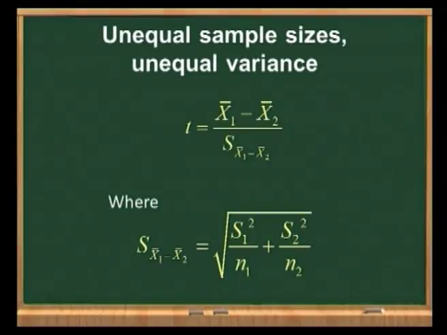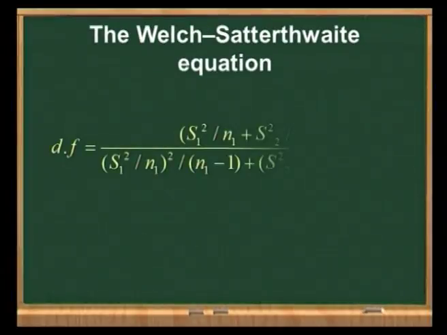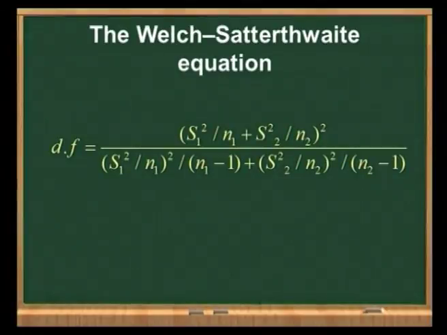N is the number of participants, 1 group 1, 2 group 2. Note that in this case S x1 bar minus x2 bar is not a pooled variance.